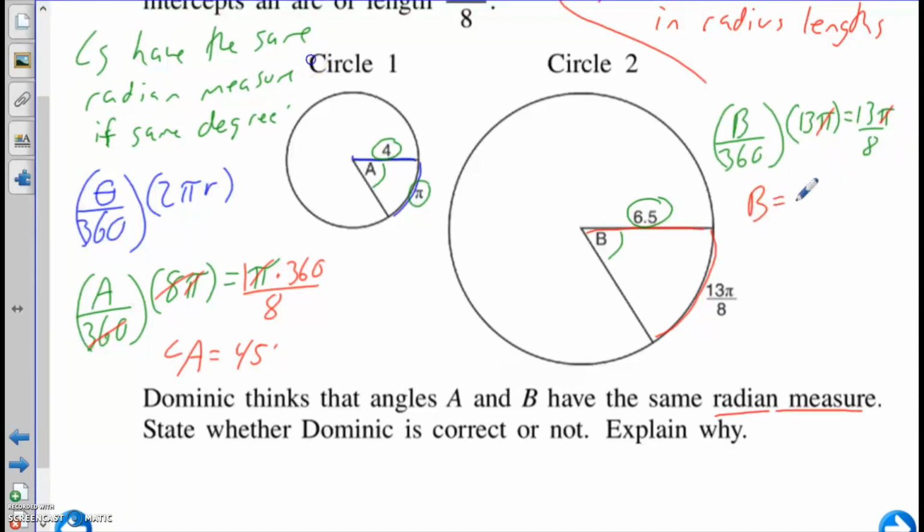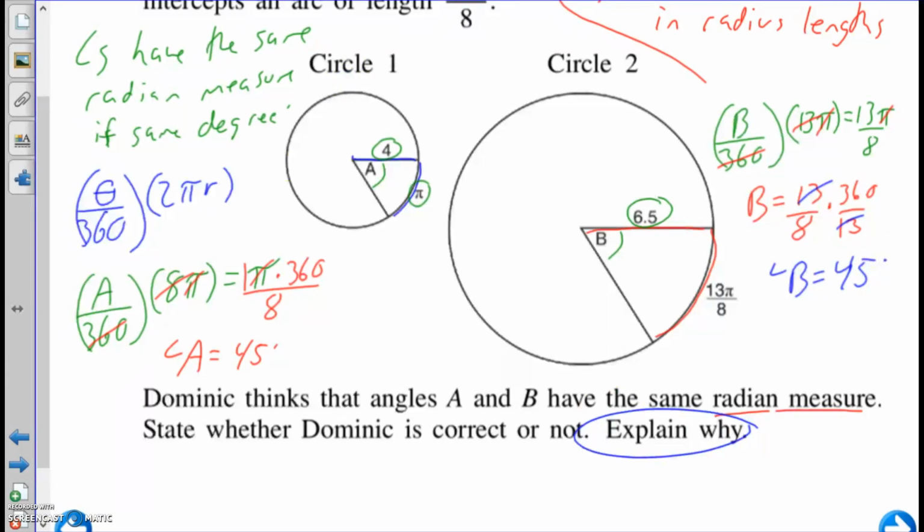So B is going to be this 13 over 8 that was there. I'm going to do times 360 to move that to the other side and divide 13 to move that to the other side. You can use your calculator here, but you can see that your 13s are going to cancel out. And again, it ends up as 360 divided by 8. So yes, again, angle B is 45 degrees.